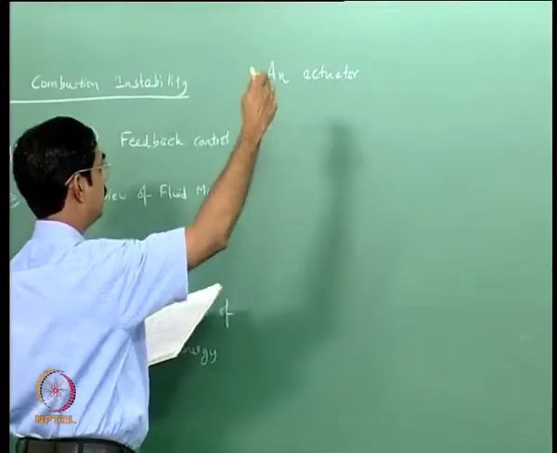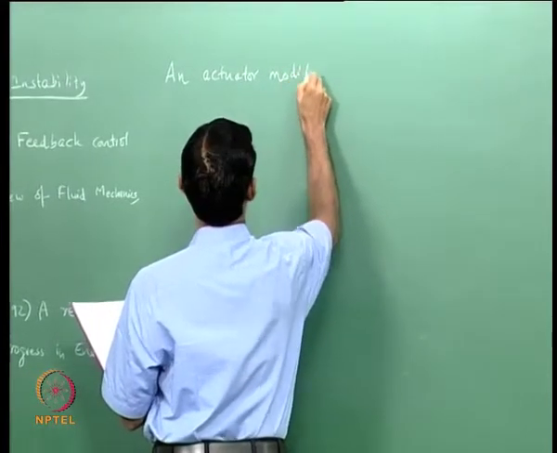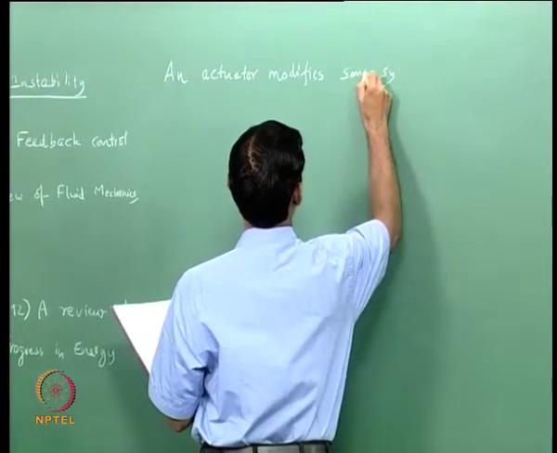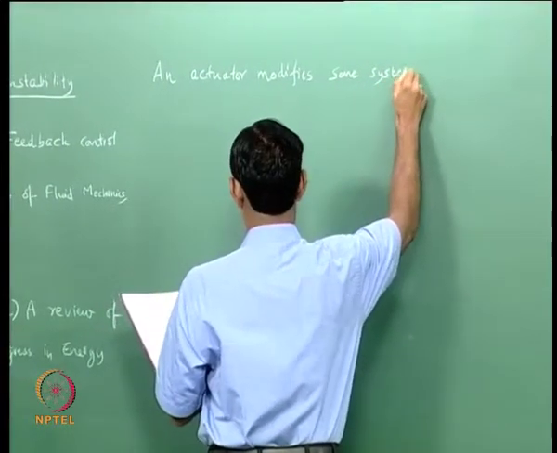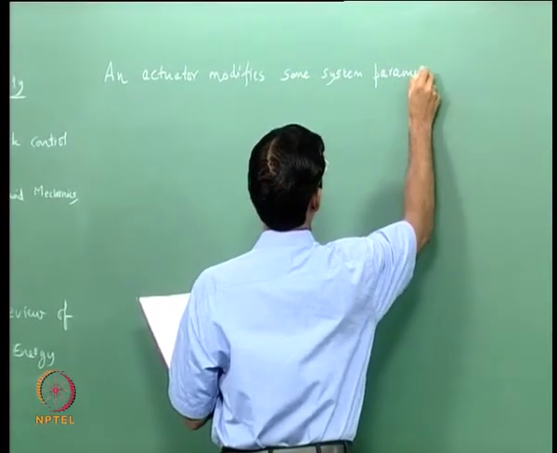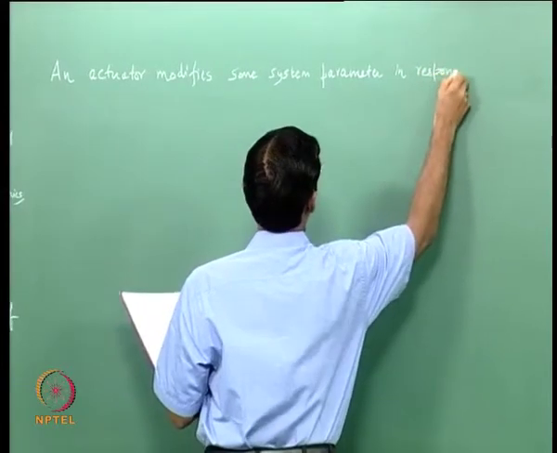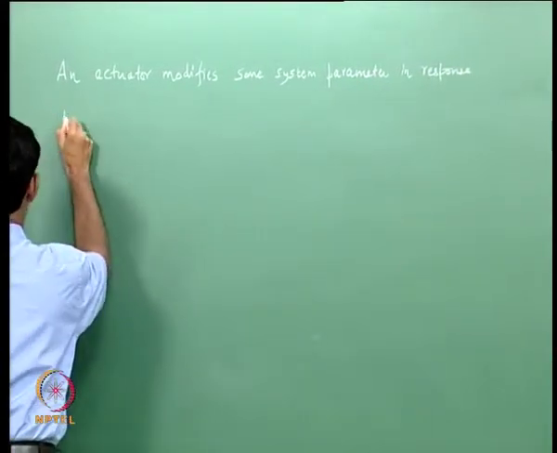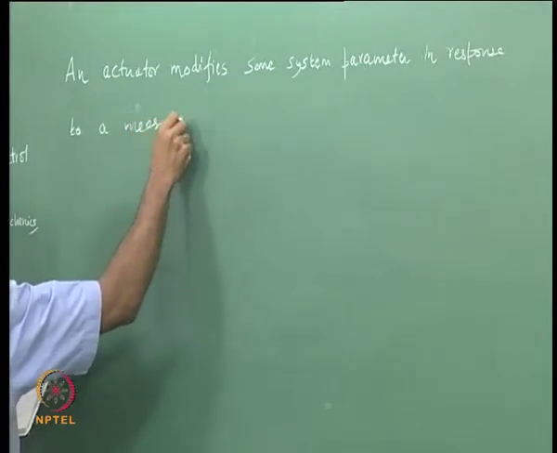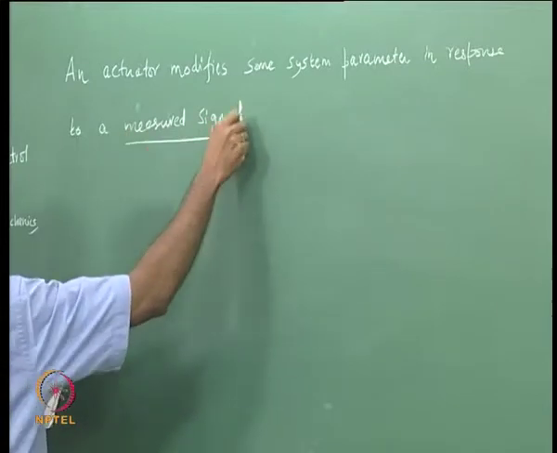Again, you can have many actuators, but I just write it symbolically. So the key thing is the measured signal.